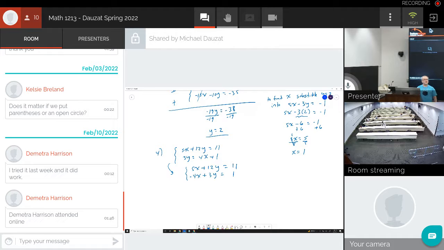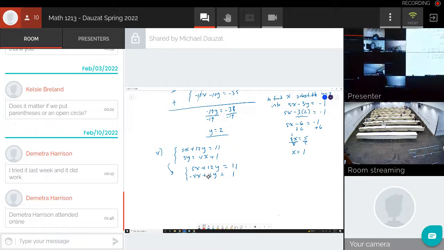If I look at the coefficient of y, 12 and 3, what's the least common multiple of 12 and 3? 12. So the first one's already 12, right? I just got to make sure that the coefficient I'm circling right here is -12. So what do I need to multiply both sides of that bottom equation by? 3 times what is -12? -4, yes.